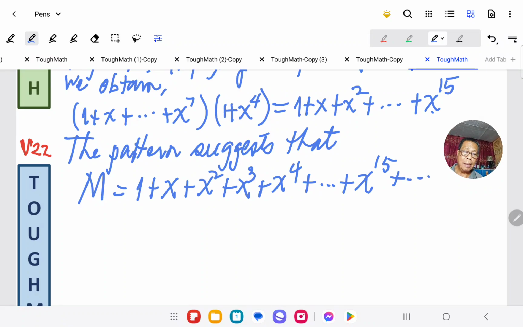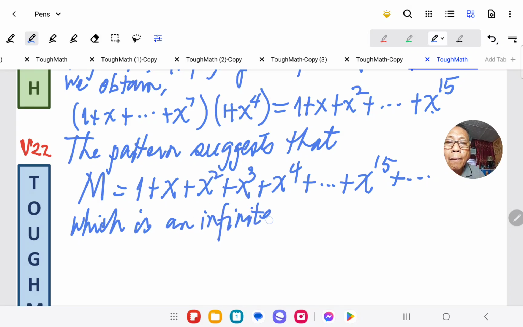Each time the power of x increases by 1, and this does not terminate. Okay, which is an infinite geometric series.